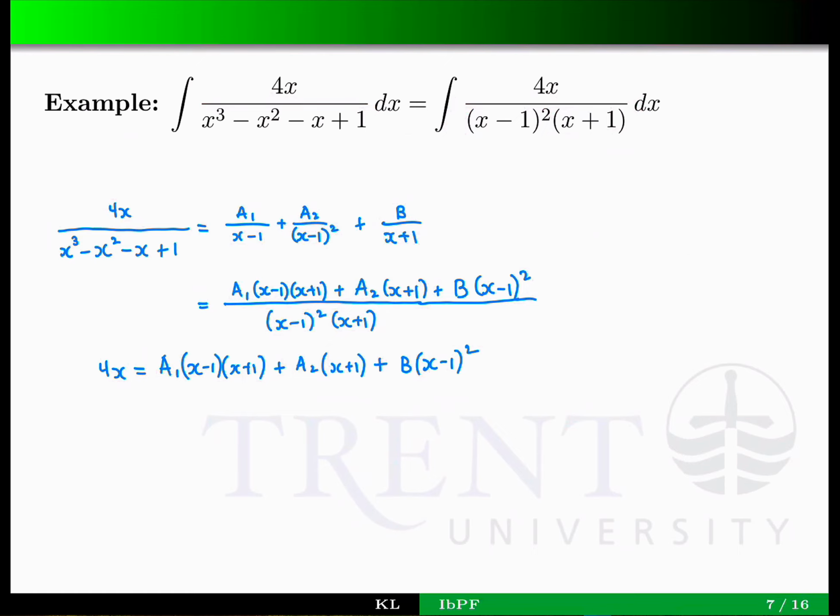The best numbers will be the zeros of the denominator, particularly this denominator here. The zeros of the denominator will be x equals 1 and x equals minus 1. So you can use them.